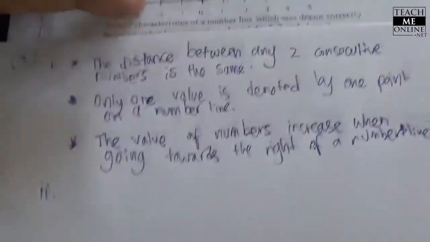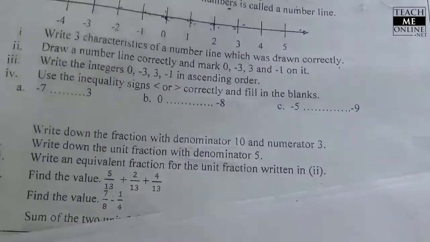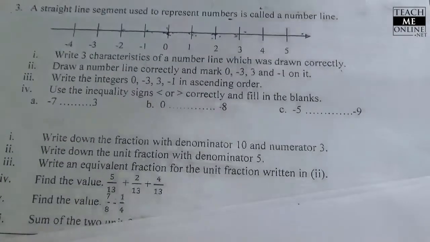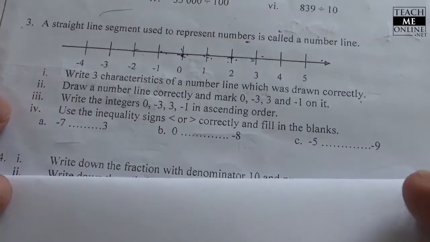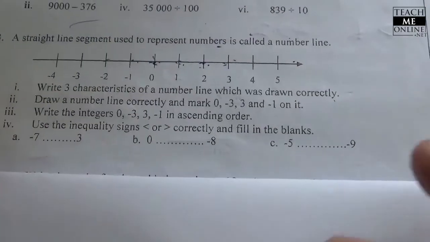Now let's go to part 2. Part 2, they're saying draw a number line correctly and mark 0, -3, 3 and -1 on it. So I can do that.